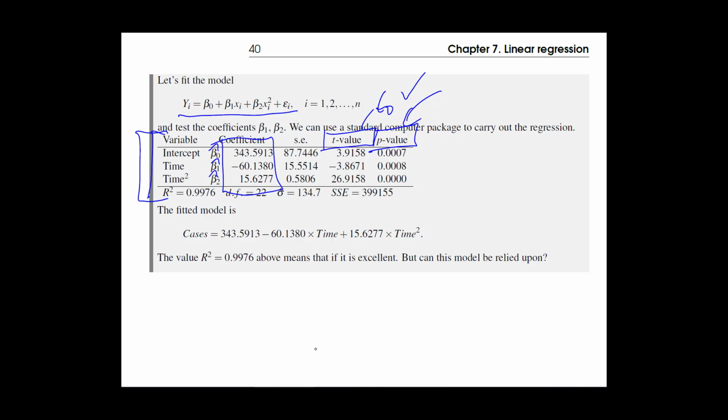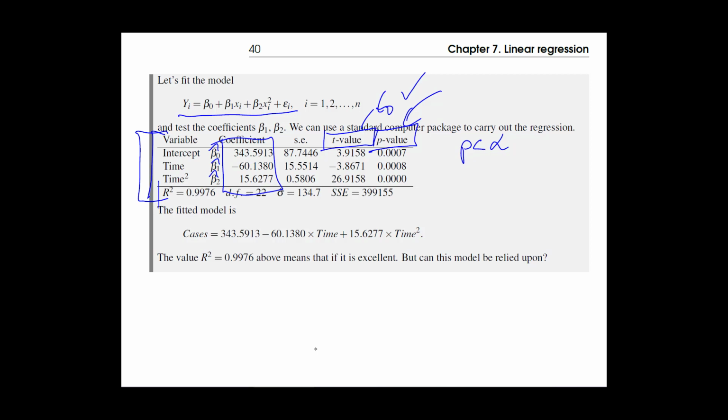And we said that a p-value less than your alpha is better, because then you're rejecting h naught, which is that beta equals 0. You see that they're tiny p-values, meaning that the betas are very significant. Now, significant means that they are not equal to 0.